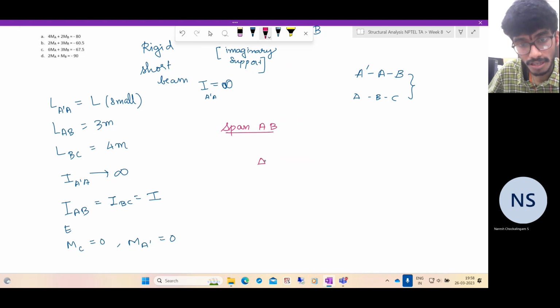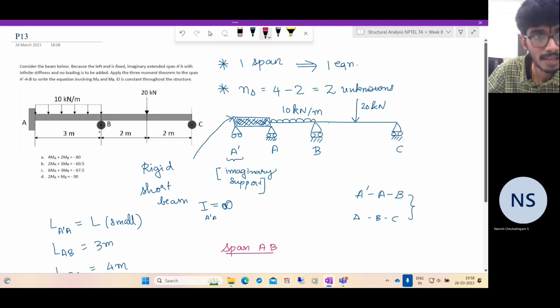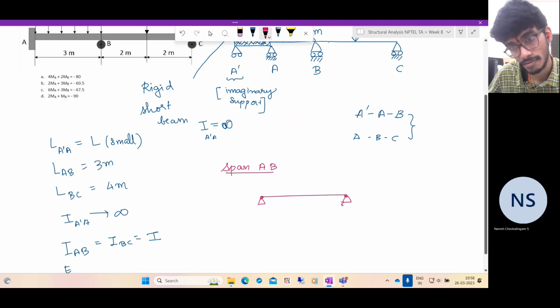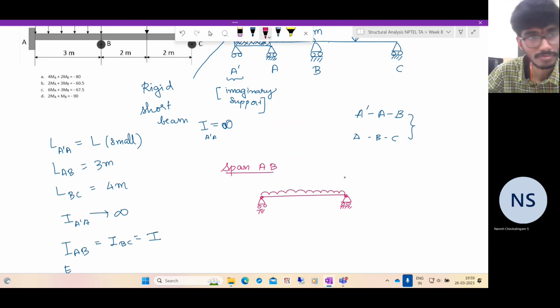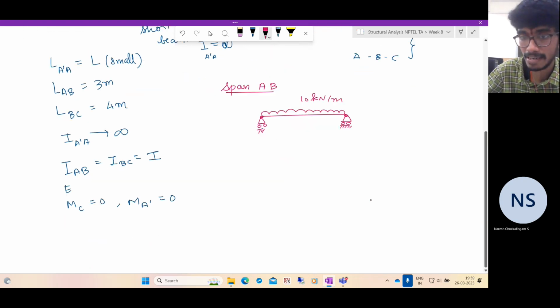So it is something like this. What is the primary structure? The primary structure consists of a sequence of simply supported beams. So the span AB is nothing but this, and you have a uniformly distributed loading of 10 kilonewtons per meter. What is the bending moment diagram for this?